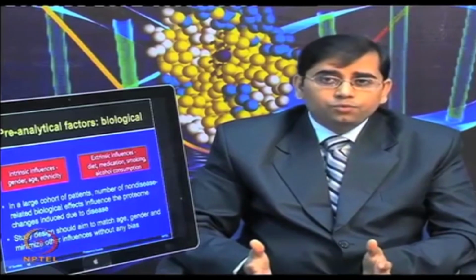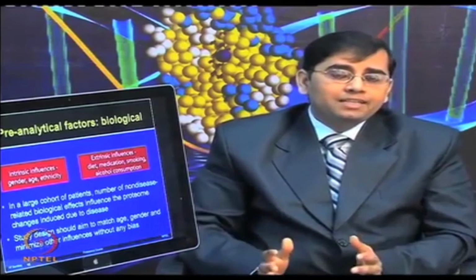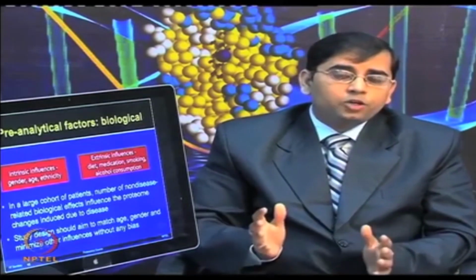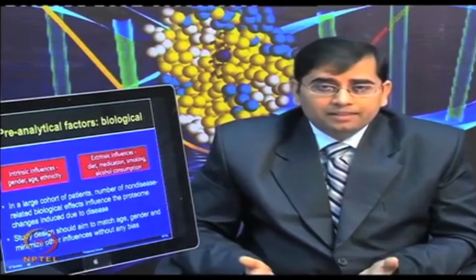You should try to segregate your population by different age and gender. In the discovery phase, try to minimize these types of variations and perform your analysis with a narrow range of age groups and different gender groups in the same ethnicity.